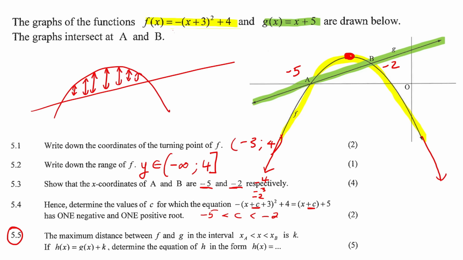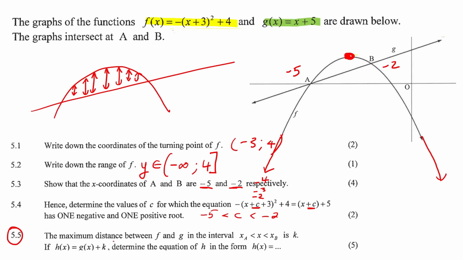So there is a place somewhere in between where the vertical distance is a maximum. And a lot of learners always tell me, oh, it's by the turning point, isn't it? No, it's not true. It's not necessarily at the turning point, okay? You can see that that distance there is probably not as long as that distance there. I mean, it might be, but it's not necessarily at the turning point, okay?